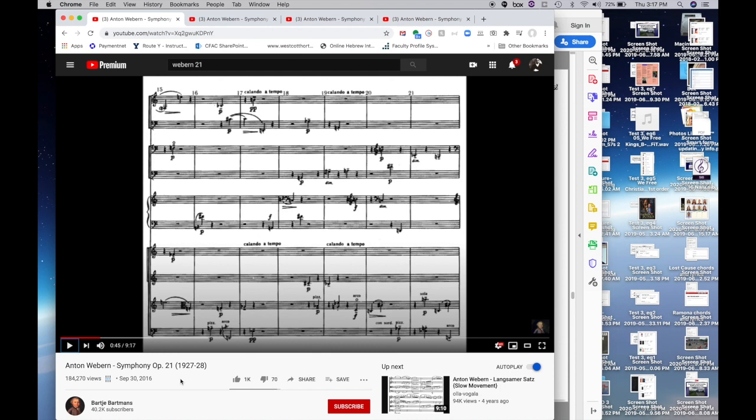We're going to have at least a day on pointillism of the second half of the 20th century. This is written in 1927-28, but it really didn't become well known until after World War II, and that's when it had a big impact.